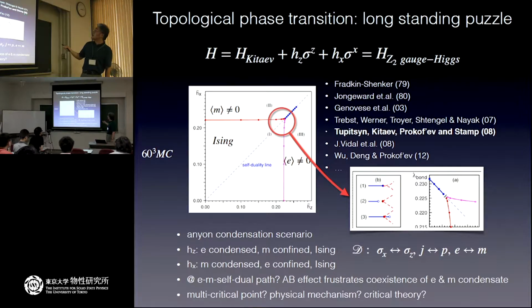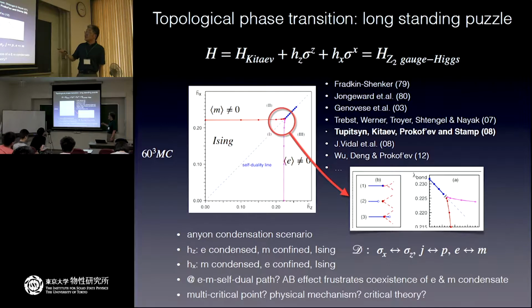This paper is a 2008 paper, including Kitaev. They say around this tri-critical point, from the numerical calculation point of view, you cannot see how these three lines connect to each other. For example, they consider three different scenarios.